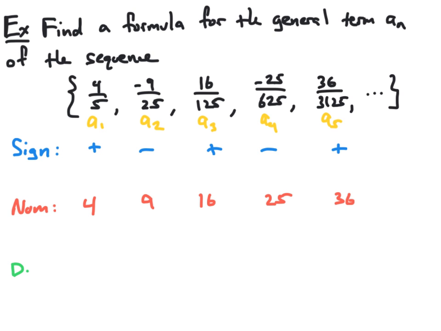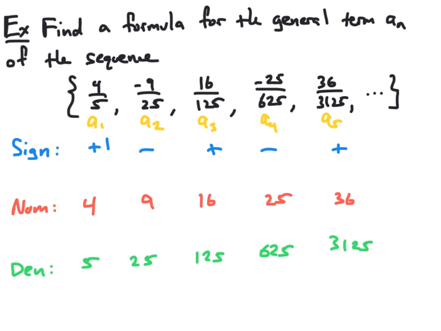The last piece is our denominator, which will be 5, 25, 125, 625, and 3,125. By breaking up our sequence like this, we're able to look at our sequence as actually 3 different sequences, find formulas for these 3 sequences separately, and then compose them back together to get a formula for our given sequence.